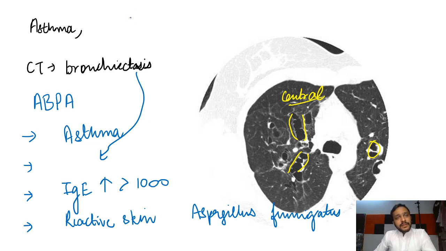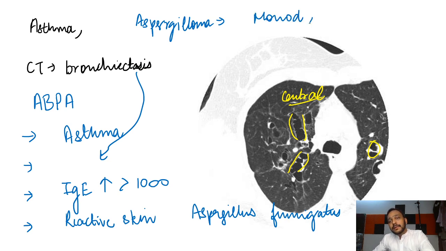Okay, friends, in aspergillosis you can also see an aspergilloma. In aspergilloma, you get a Monod sign, which is very similar to an air crescent sign. Basically, you will see a thick-walled cavity having a fungal ball within.